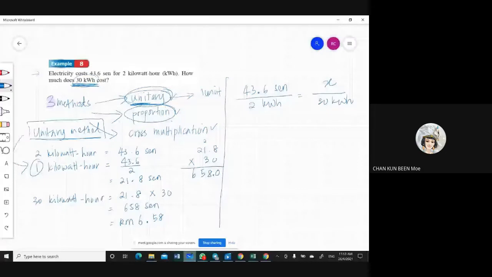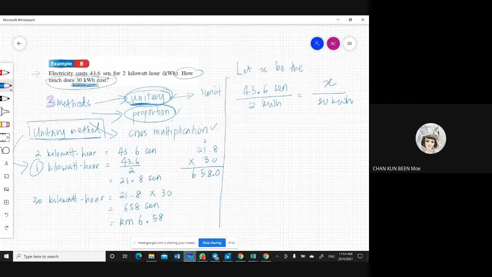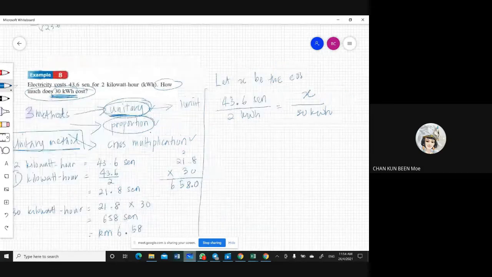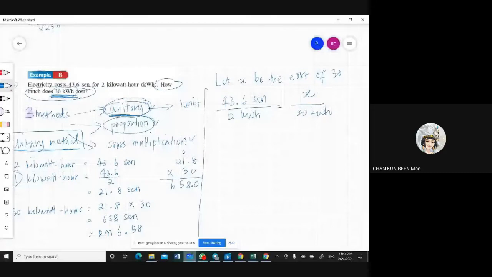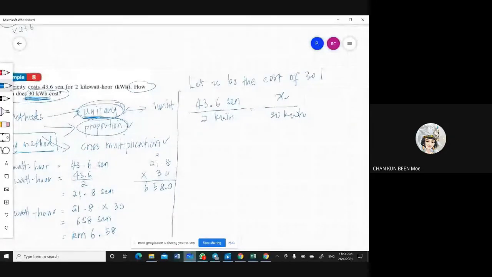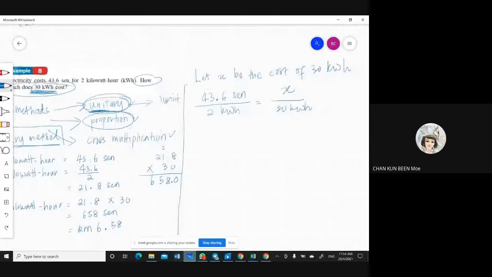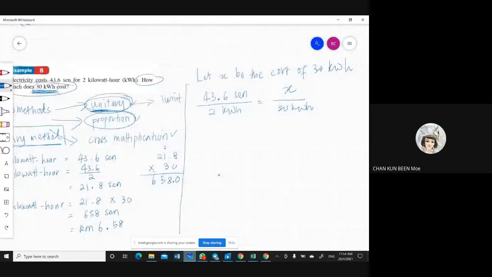Before that, you have to make an assumption. Let x be the cost of 30 kilowatt per hour. Follow exactly like the question. You have to learn to do this part, so that we can use the x down here.